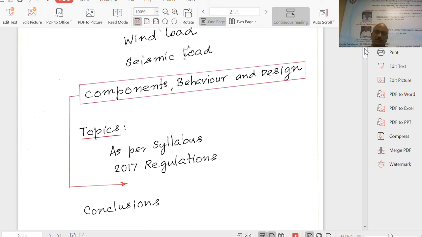Circular slab also, it is there in the early part of the syllabus. The only new thing will be that of a dome slab. Dome slab will be a spherical dome or conical dome. So that covers roof slab.